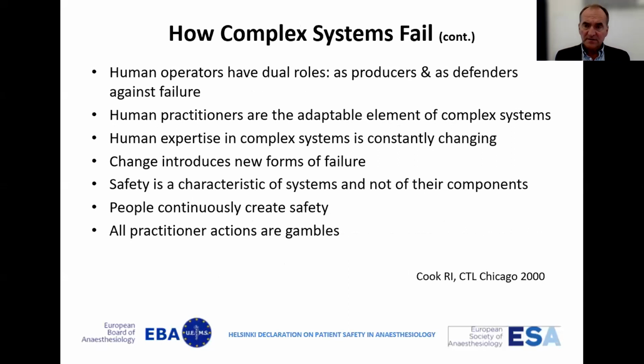And as humans in the system, we have dual roles, both as producers of those failures, but also as defenders. So as practitioners, we are constantly making this system more safe by creating safety, but we're also breaching safety rules and so on.